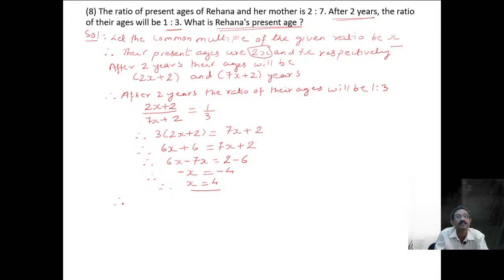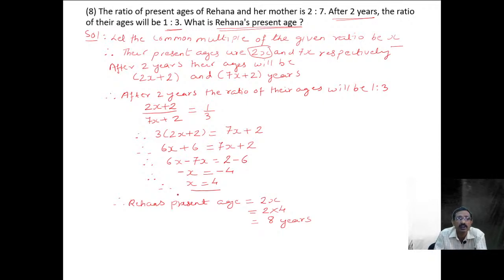Therefore, Rehana's present age is equal to 2x, which is 2 into 4, that is 2 fours are 8 years. So we calculated Rehana's present age, which is 8 years.